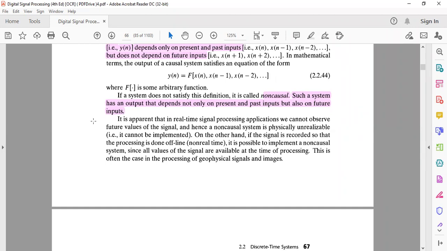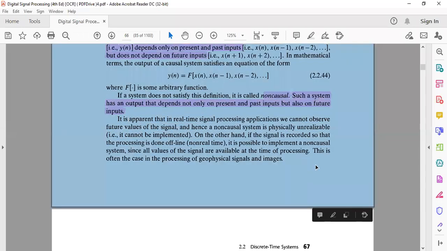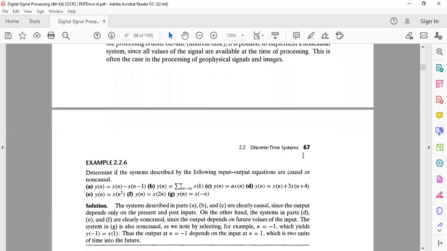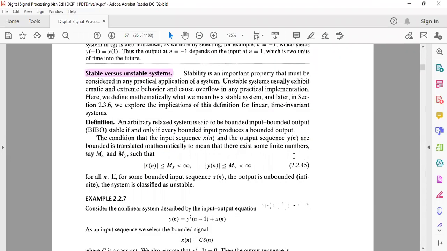So for example, when I start reading this sentence, I can say it is apparent that in real-time signal processing applications, we cannot observe future values of the signal. While I'm saying that, you are receiving the present and past, but you can also read ahead and see what the future has. That would have been a non-causal setting.